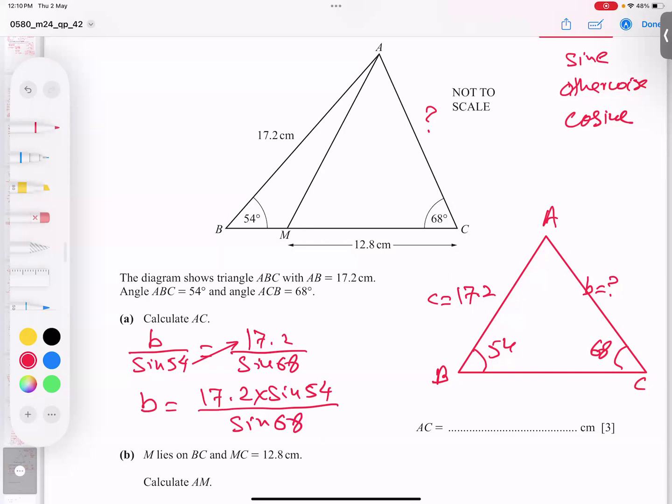And now I'm typing in the calculator. Okay, hold on, let me check. The answer coming is 15.0079.